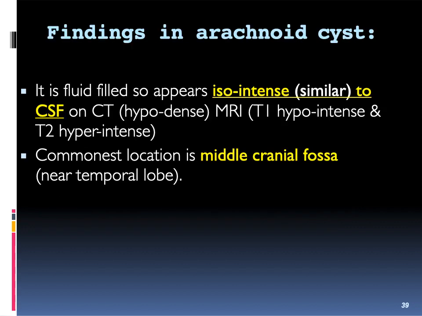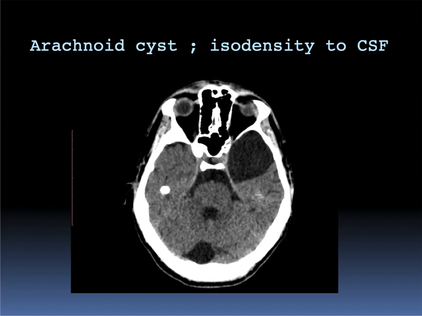Arachnoid cyst is CSF: T1 low, T2 high, and on CT the same as CSF, dark. Most of them are in the middle cranial fossa but sometimes in the posterior cranial fossa.